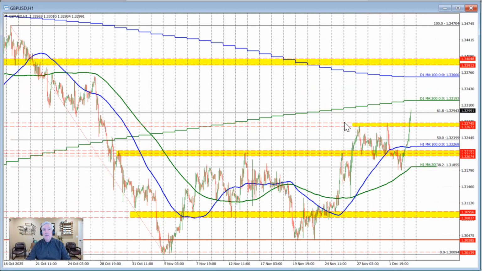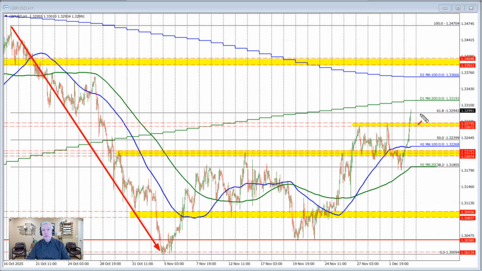This currency pair is breaking to the highest level going back to this point right here, which is October, what is that? October 28th. And in the process, we're also getting about the 61.8% retracement of this move down from the October high to the low price that we saw in November.